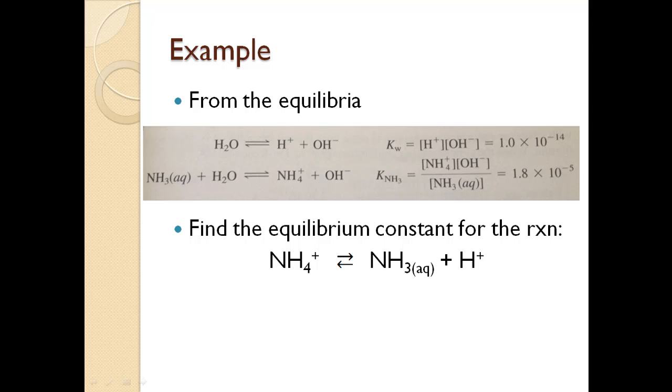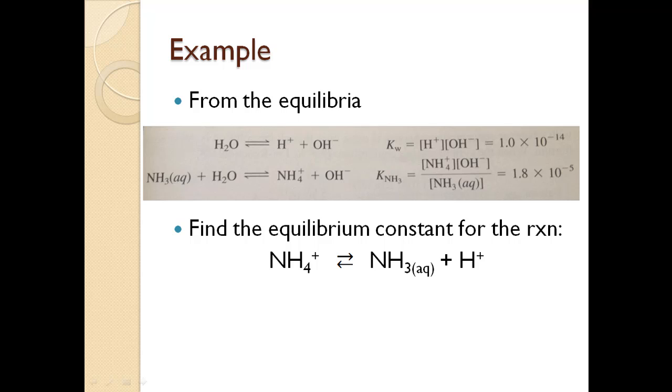First, we notice that this third reaction comes from the original two reactions. The first reaction has H plus, and in our final reaction that we're looking for, we have H plus too, and it happens to be on the right, the correct side. So we leave the Kw exactly how it is for the H plus. The next two things are the NH4 and the NH3. In the second reaction, we have those same two things, but they're on opposite sides.